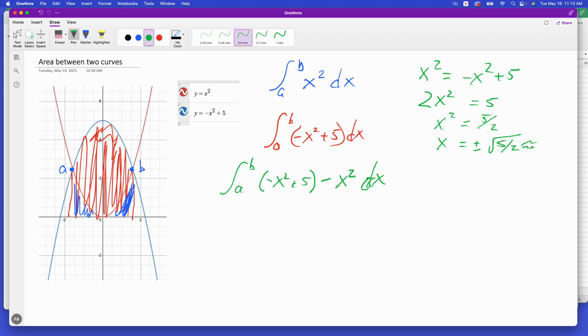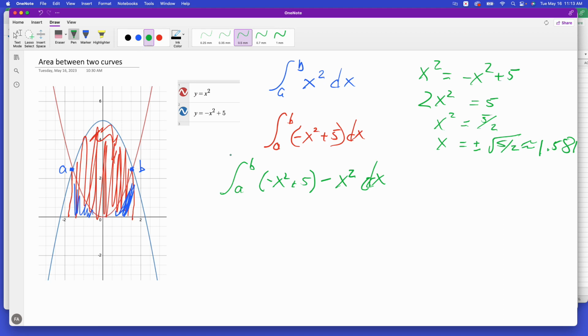Now, this works out to be some decimal of some sort, but when we're doing this integration, I would strongly encourage you to stick with the exact value of what we're working with. Now, this works out to be 1.58-ish, and it just keeps going on and on forever. This is an approximate value, so if you were to stick these approximate values in right here, you're not going to get the exact value.